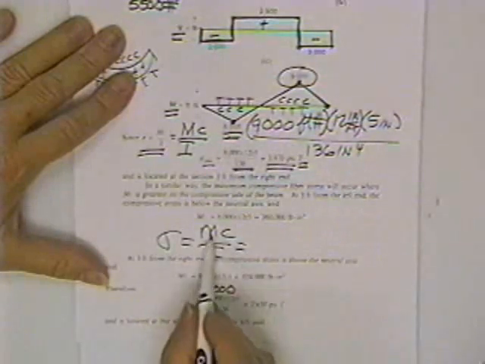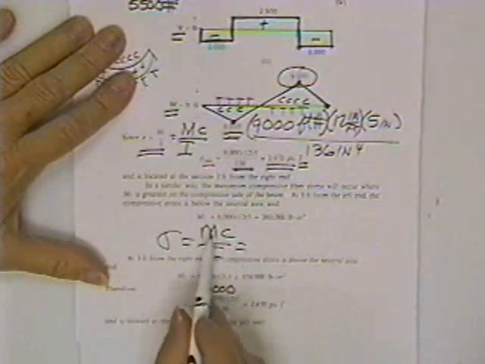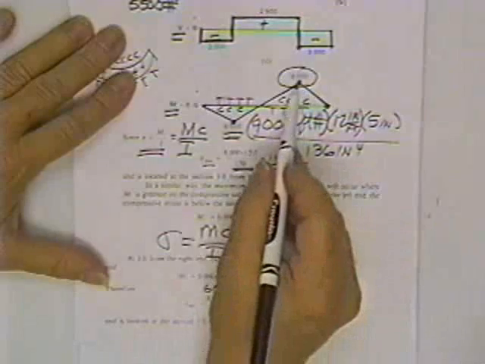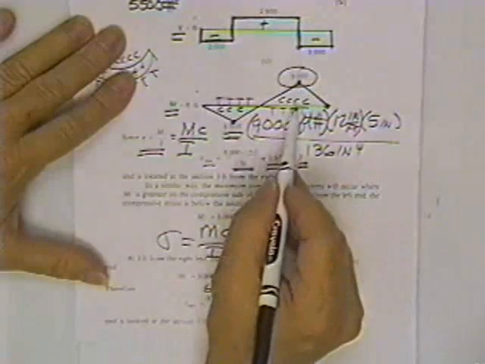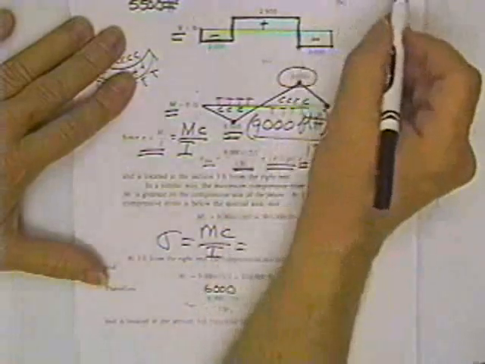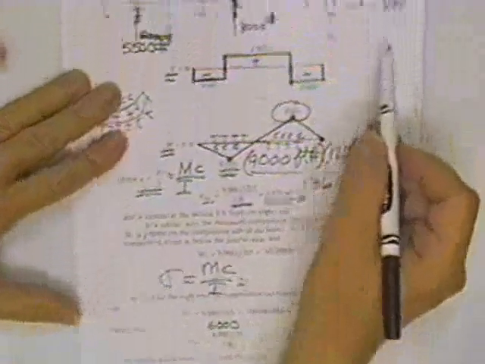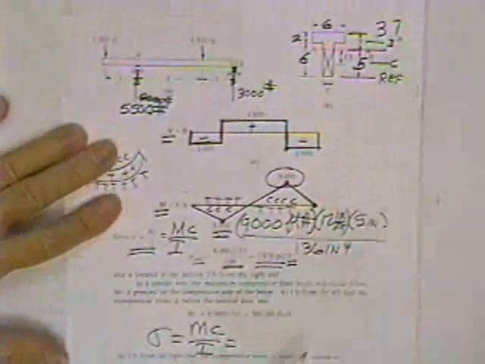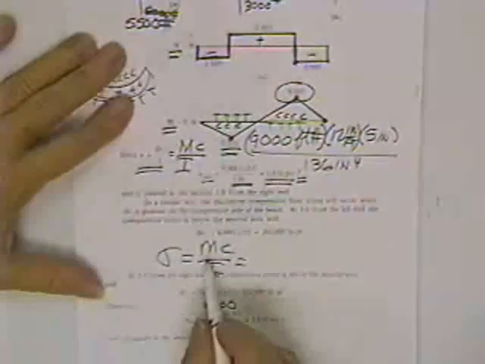If you go looking for the maximum compressive stress at the 9,000 spot, at this spot right here, you are forced to use the fibers to the top of the beam, and those fibers are only 3 inches up there. So let's just do that.